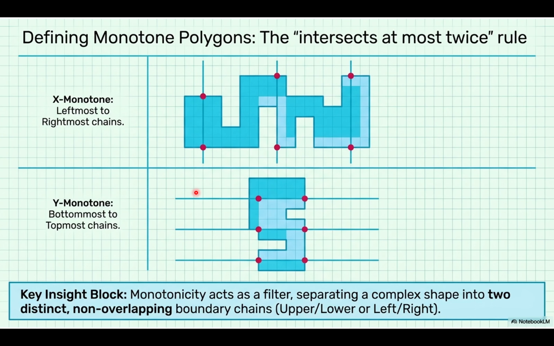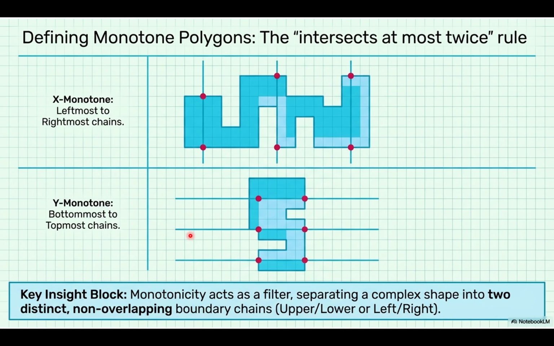So it will never weave in and out of the shape multiple times. Right. The perimeter never spirals back on itself horizontally. It effectively separates the entire complex boundary into two distinct, non-overlapping chains. So you have an upper chain of edges moving left to right and a lower chain moving left to right. Exactly. And a Y-monotone polygon does the exact same thing, just vertically splitting it into leftmost and rightmost chains.